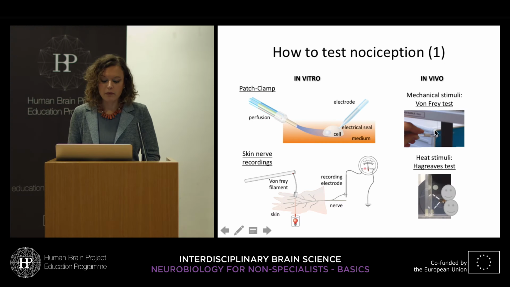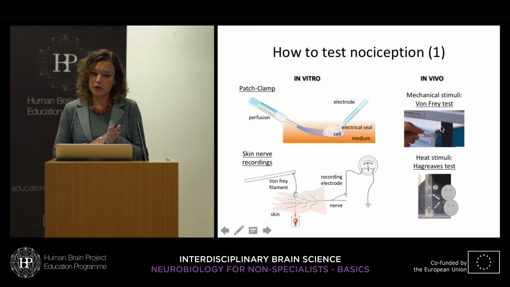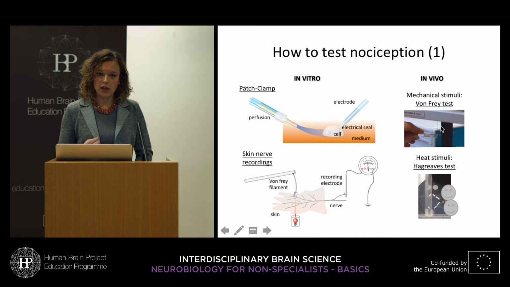In vivo, we have different tests, like the von Frey test for mechanical stimuli. You have a precise filament with a defined force, which can stimulate the paw, for example, of a rodent. Upon this stimulus, you can calculate exactly the mechanical threshold at which these rodents react to the stimulus.